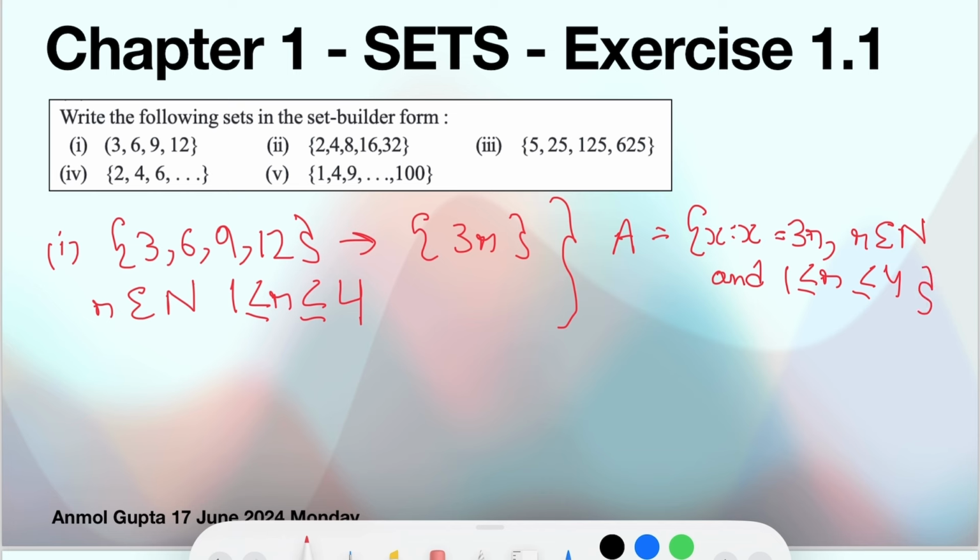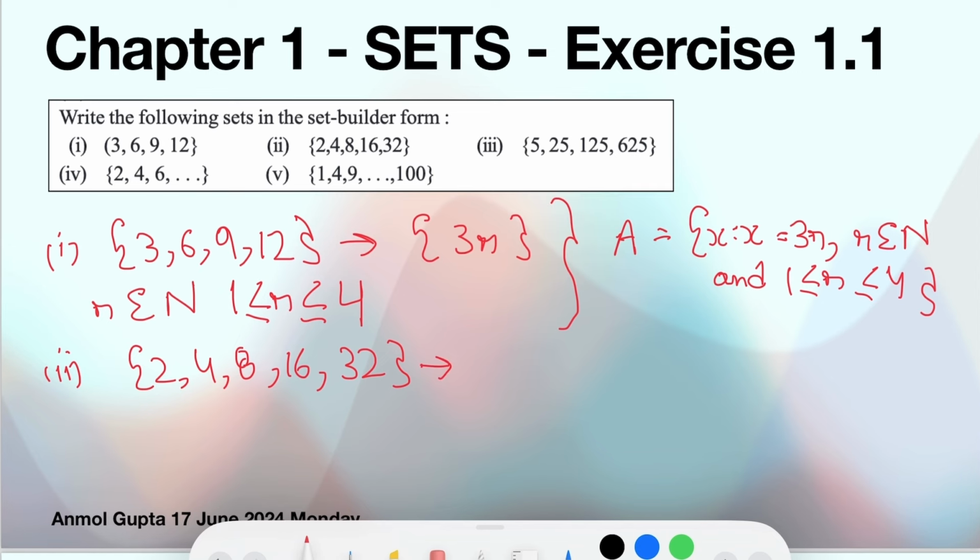Moving on to the next part, 2, 4, 8, 16, 32. We can notice this pattern here.